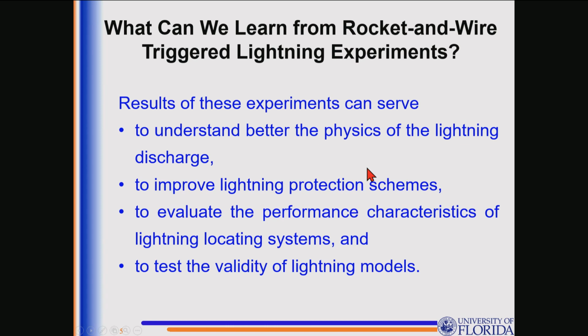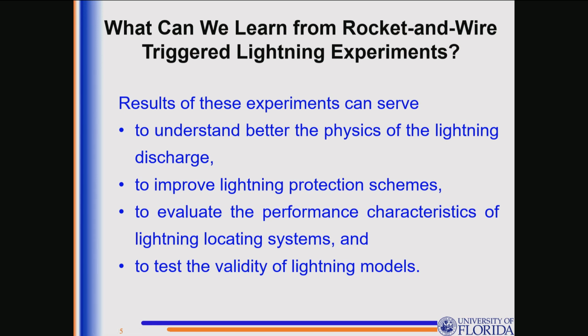The second question to answer is, what can we learn from rocket and wire triggered lightning experiments? Is it useful? Is it good for anything? And the answer is yes, of course. Results of triggered lightning experiments can serve to understand better the physics of the natural lightning discharge.